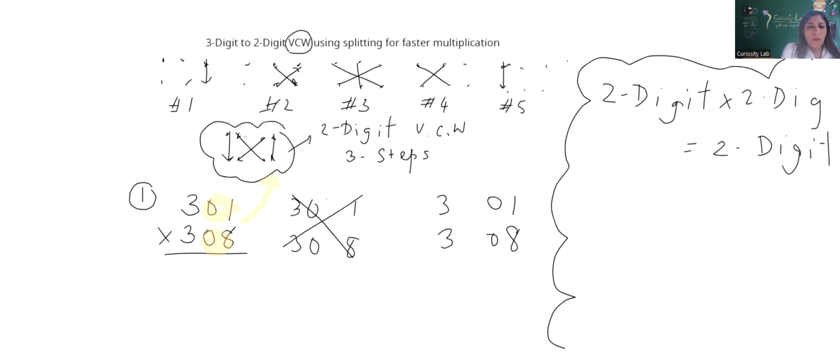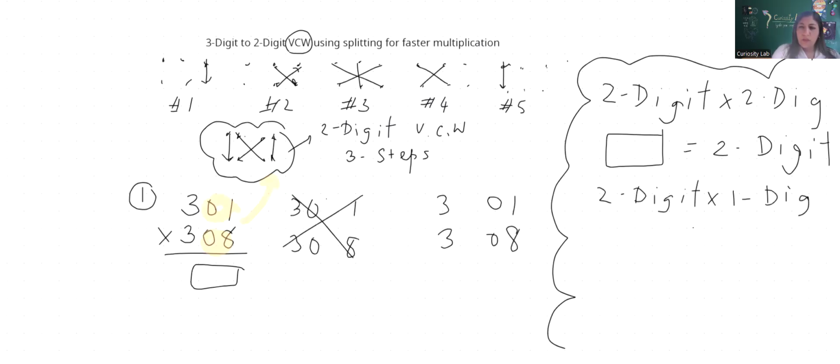And then I'm going to put a rectangle for it, just for me to remember that I have to put a 2-digit. When we do the crossing, I have a 2-digit multiplied by a 1-digit, which is also, I'm going to allocate a 2-digit space.